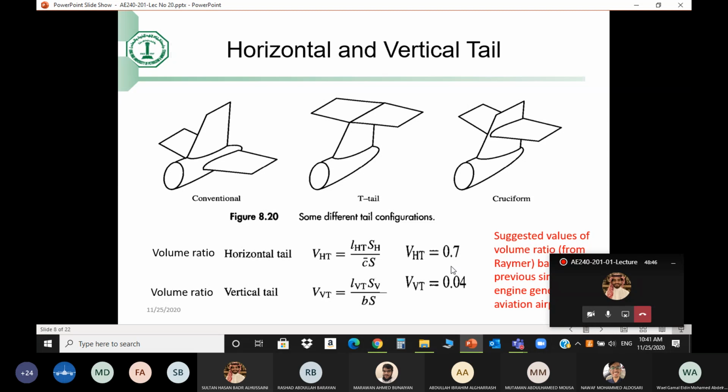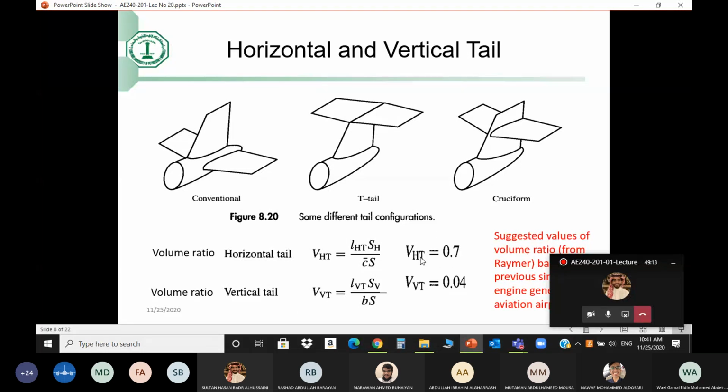A military aircraft will have a low volume ratio because you don't want the military aircraft to be too stable. You want it to be responsive to control inputs. So maybe 0.3, 0.4, okay? 0.5. So for your aerobatic aircraft, maybe a 0.5. Do some search on what's the tail volume ratio for an aerobatic aircraft.